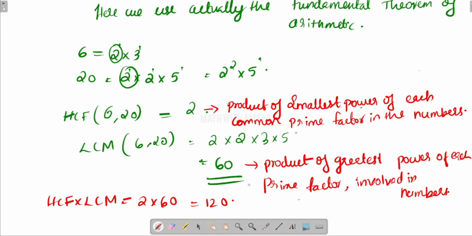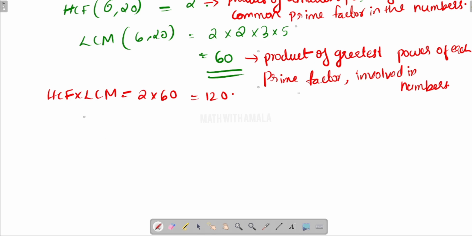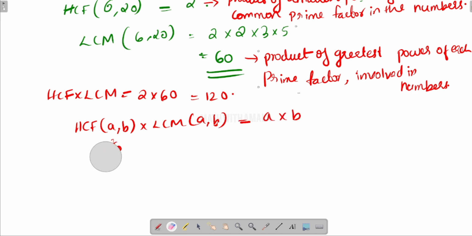So HCF into LCM is 2 into 60, that is 120. That means we can make a relation here between HCF, LCM and the product. Let's write HCF of A, B into LCM of A, B is equal to A into B. HCF is 2 and LCM is 60, so you can write 2 into 60 is 120.